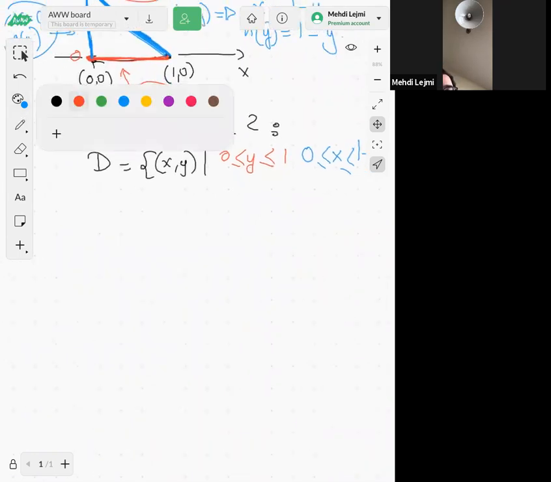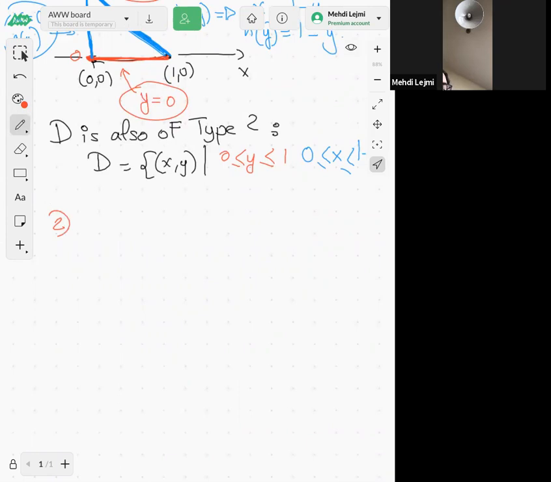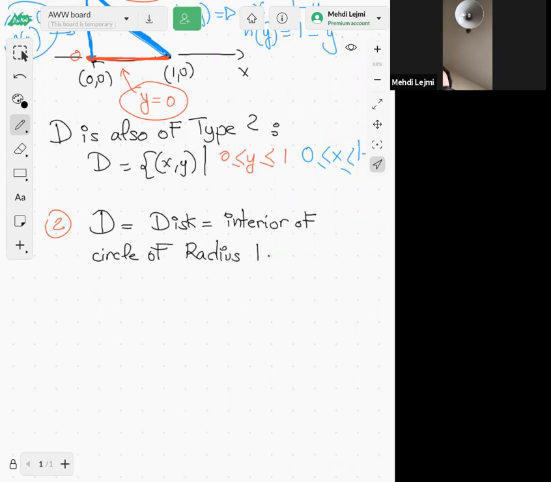So next example, number 2. Our region D is the disk. What I mean by disk is the interior of a circle of radius 1. So this is 1 here, 1, negative 1, negative 1, x and y.